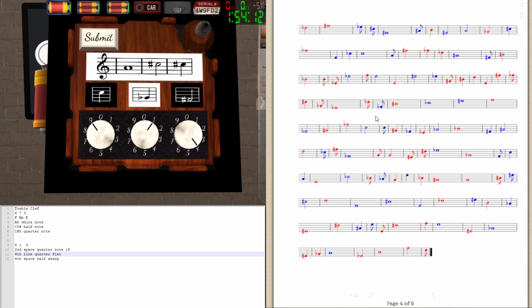Anyway, let's see. C5, treble clef. C5 sharp. That's going to be the space into half note. So space, nope. No. It's a C5. Oh, there it is, right there. Then we need fourth line, quarter. One quarter flat. That's that.